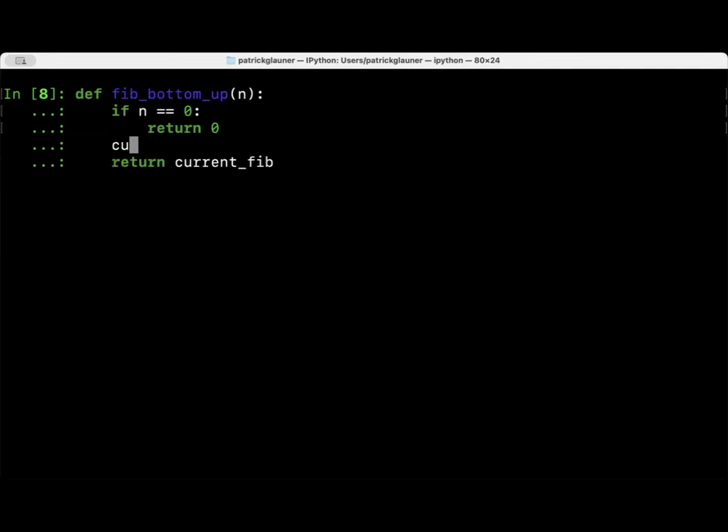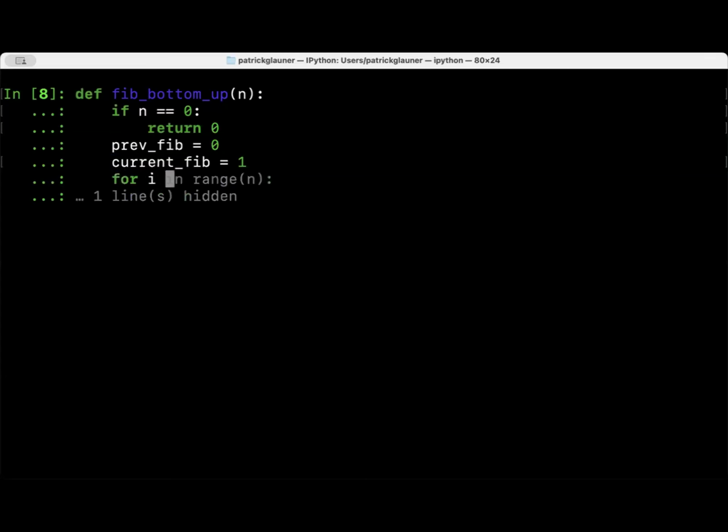And for this, I have my Fibonacci number that is 1. But I need a helper variable that I call previous Fibonacci number 0, because if n is 0, we return 0. If n is at least 1 or greater, I need to do a little bit more work. And so I need the previous Fibonacci number and the current Fibonacci number, and I will just incrementally add them together until I'm done, until I have reached n, and then return the current Fibonacci number.